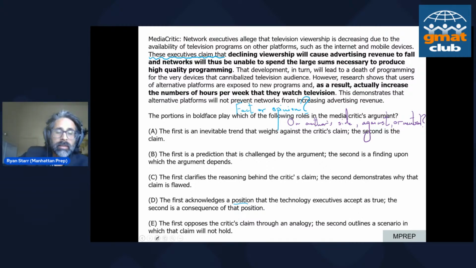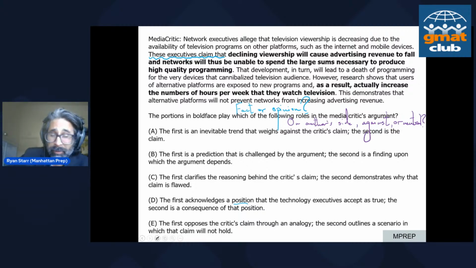That in turn helps you to judge the second boldface portion because it's coming right before the author's conclusion. And of course helps you judge the first boldface portion as well, because looking at the author's conclusion, alternative platforms will not prevent networks from increasing advertising revenue.